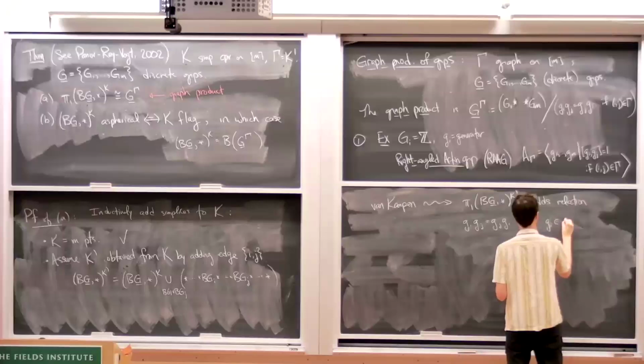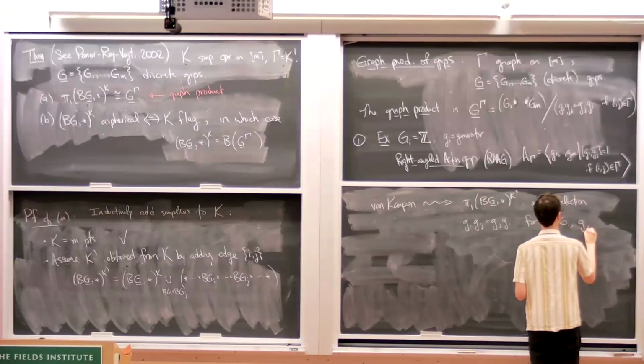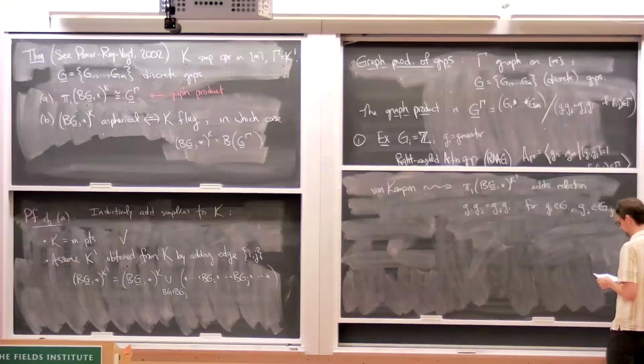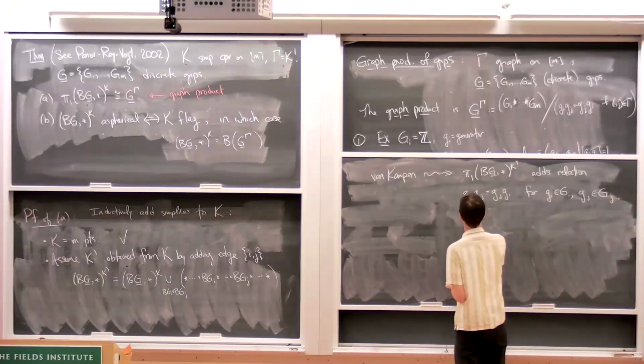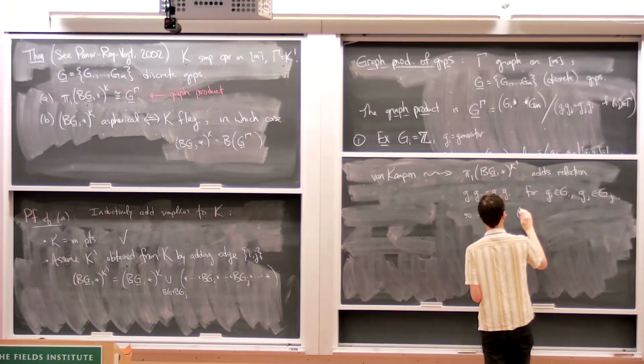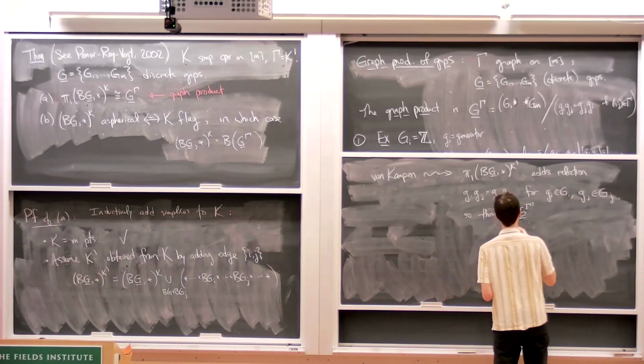For g_i and g_j. So that's our graph product for gamma prime, right?